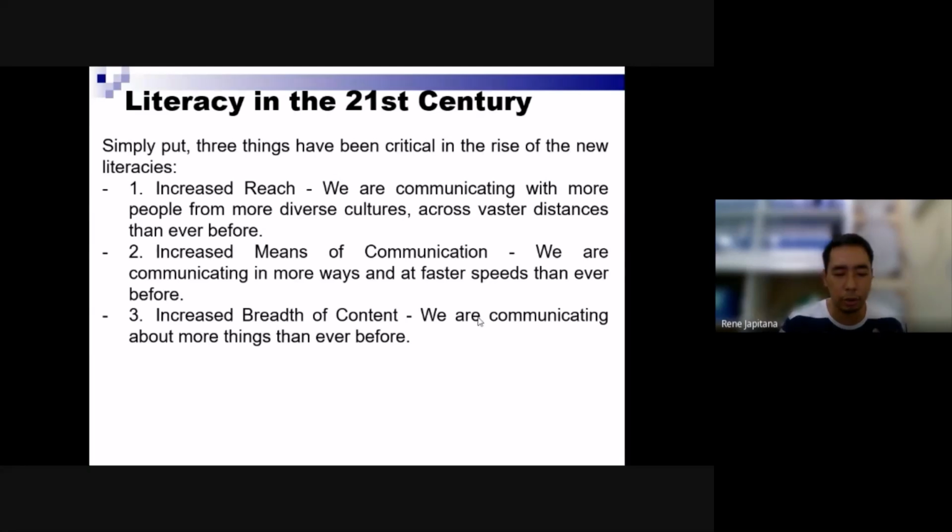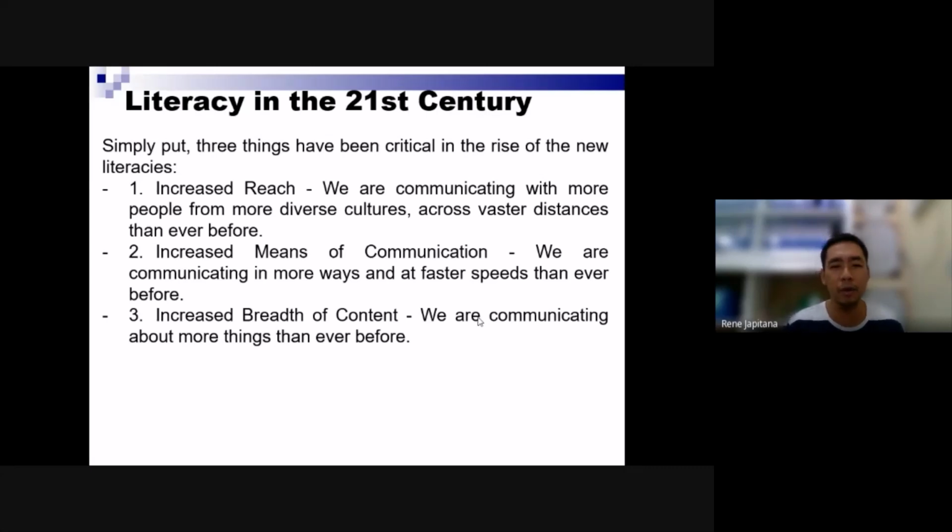If you try to go back to the past, the ways of communication, they were using smoke as signals of communication. Sometimes there were barriers, and definitely it would lead to miscommunication because that was not too clear for them to understand those communication signals.